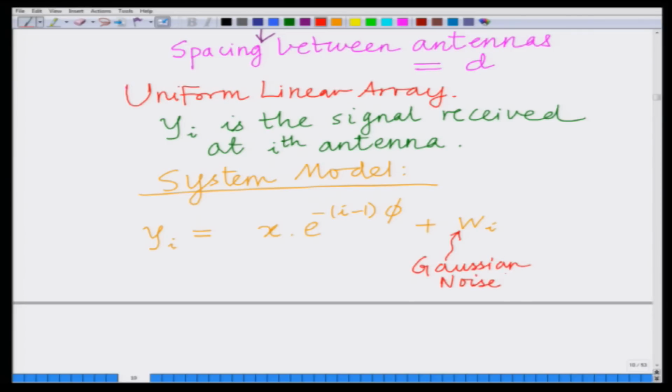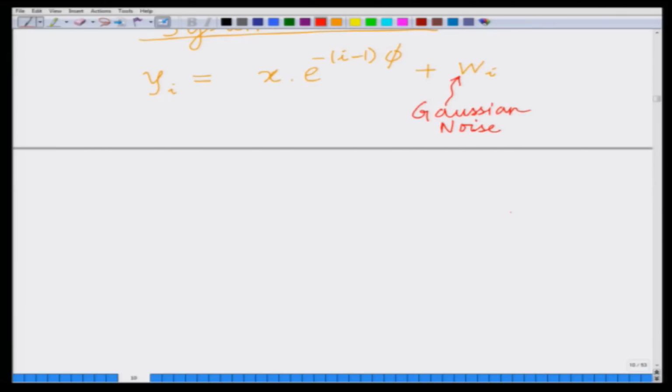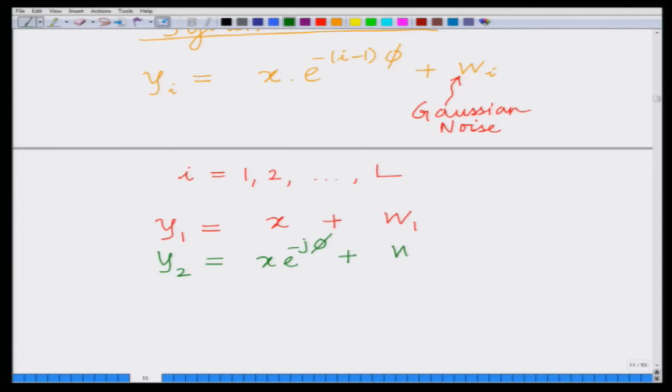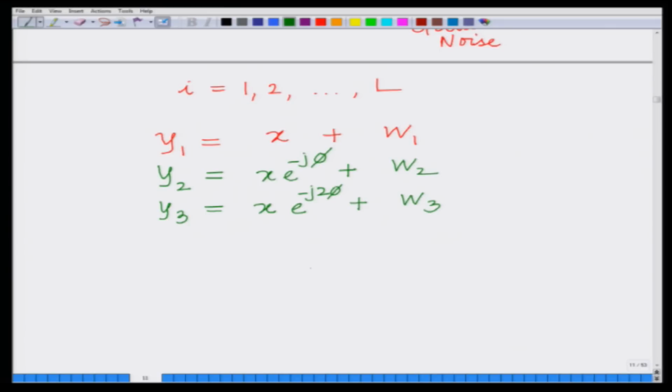Therefore, now let us substitute the different values of i, that is i equals 1, 2, and so on up to L. When i equals 1, the exponential is 1, so y1 equals x plus w1. y2 equals x times e to the power of minus j phi plus w2, y3 equals x times e to the power of minus j 2 phi plus w3, and so on and so forth.